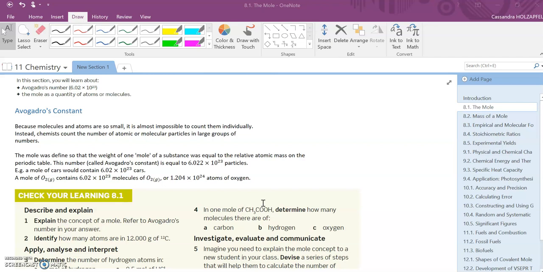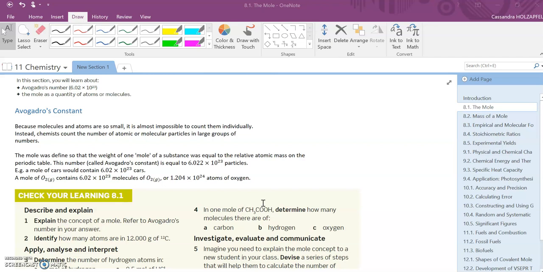For example, 1 mole of cars would contain 6.02 times 10 to the 23 cars. 1 mole of oxygen gas contains 6.02 times 10 to the 23 molecules of oxygen. If I was talking about the individual atoms of oxygen, the formula for this is O2.